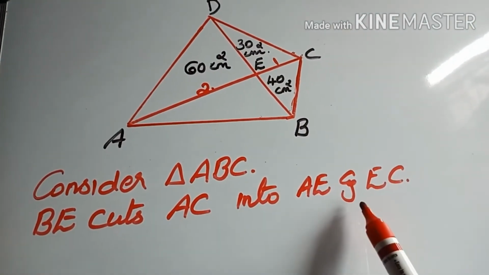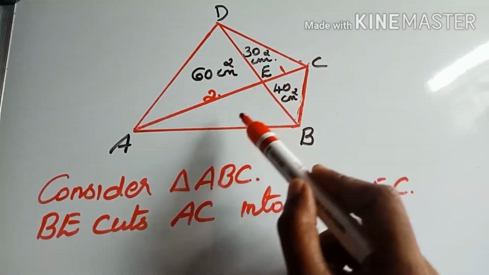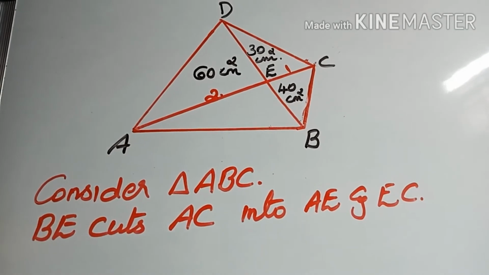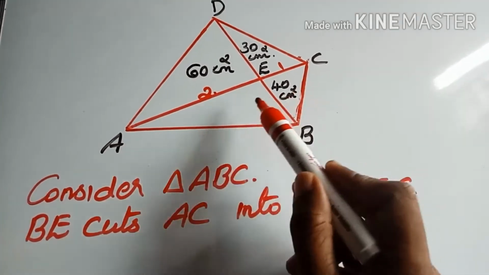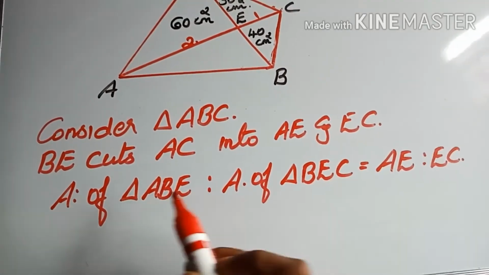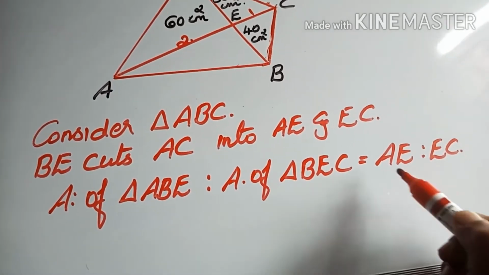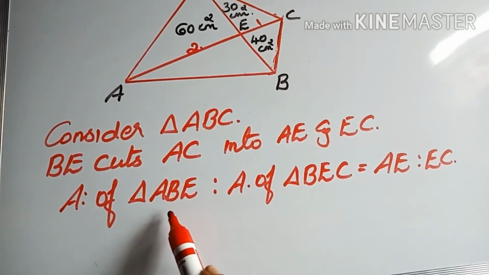If it is so, the base ratio and the ratio of these two triangles' areas will be equal. That is, area of triangle ABE is to area of triangle BEC equals AE is to EC. Now here the area of triangle ABE we don't know.